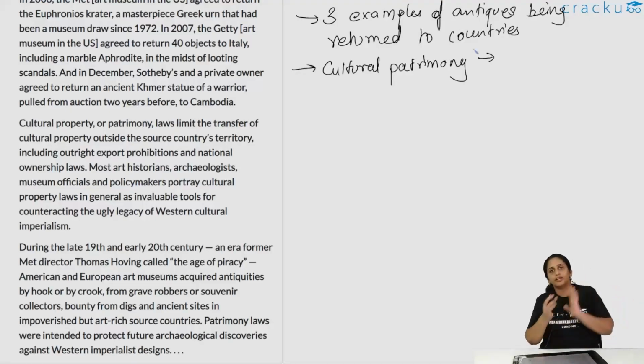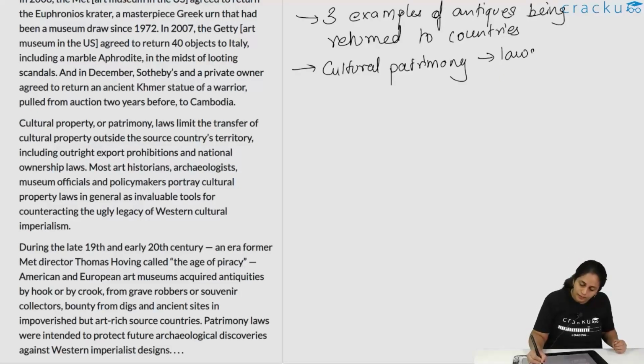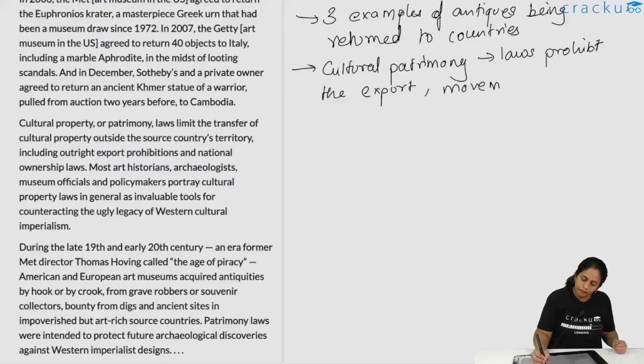They are the property of India as such. So these are the cultural patrimony laws. So these are laws that prohibit the export or movement of cultural property outside the country.